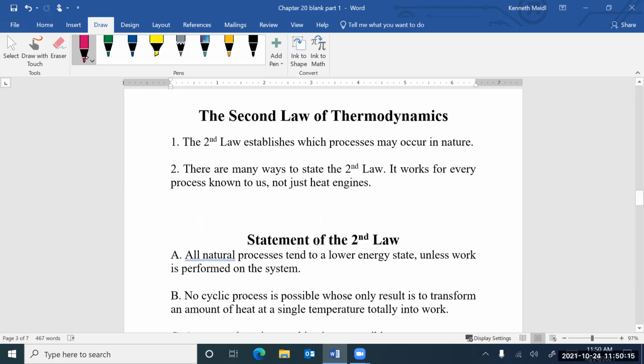Okay, now it comes to heat engines. Statement B: no cyclic process is possible whose only result is to transform an amount of heat at a single temperature totally into work. We will be taking a look at some of these cycles.